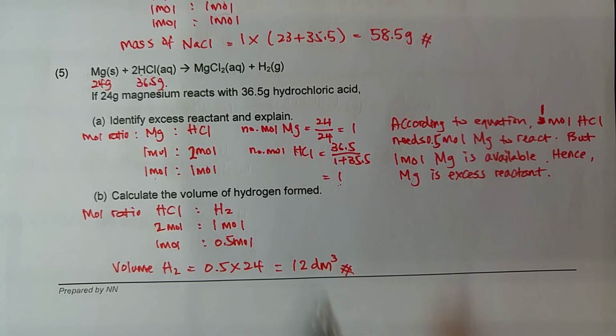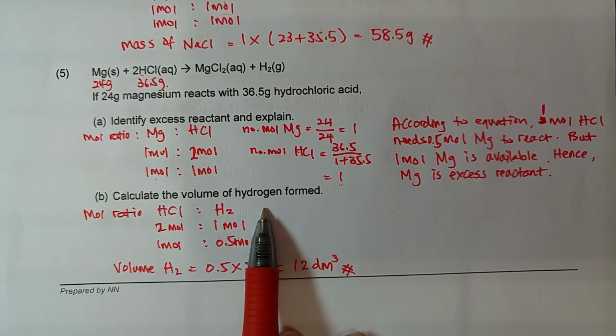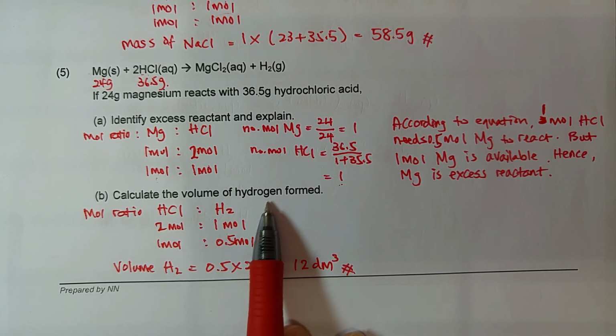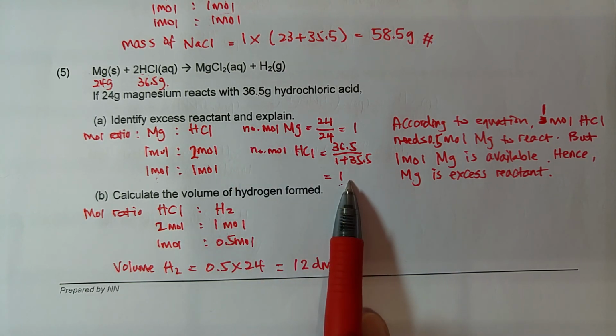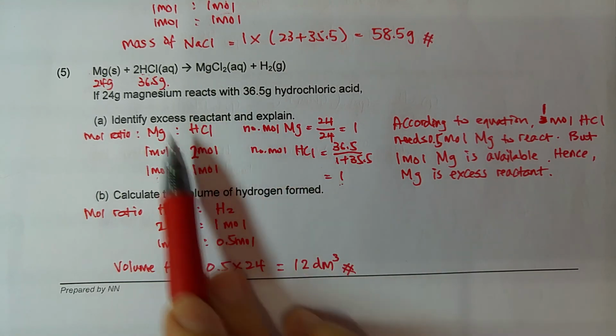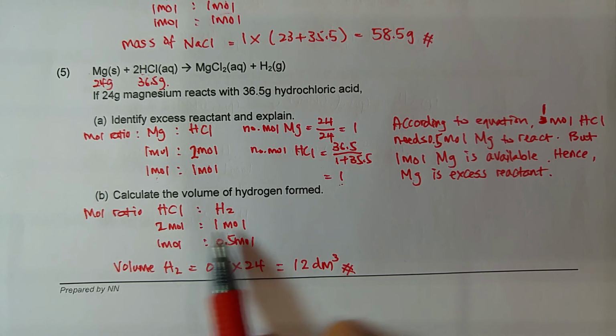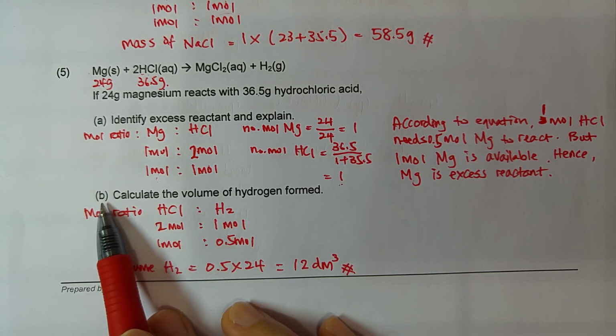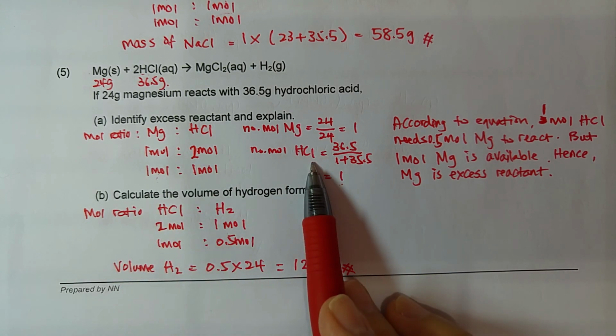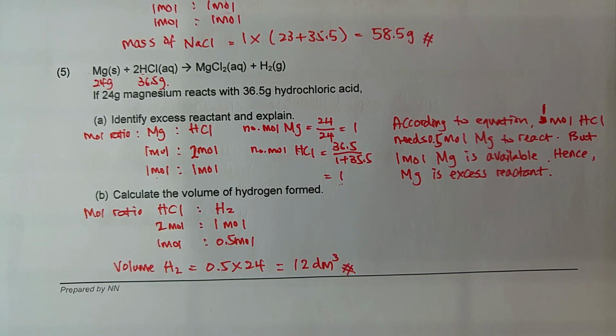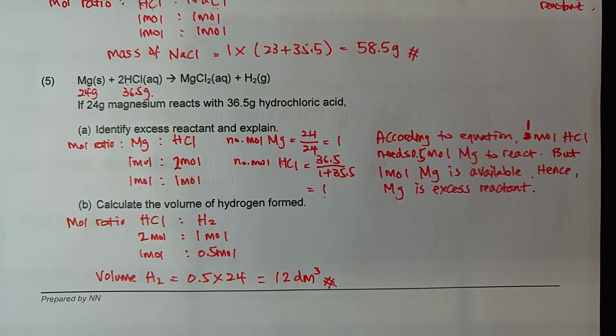Okay, so this question is based on the concept that amount of product is determined by the amount of limiting reactant. Limiting reactant, we found it in part A. For this kind of questions, there are multiple parts. For part B, you have to use the answers for part A in order to do it. So this is a characteristic of questions with multiple parts.